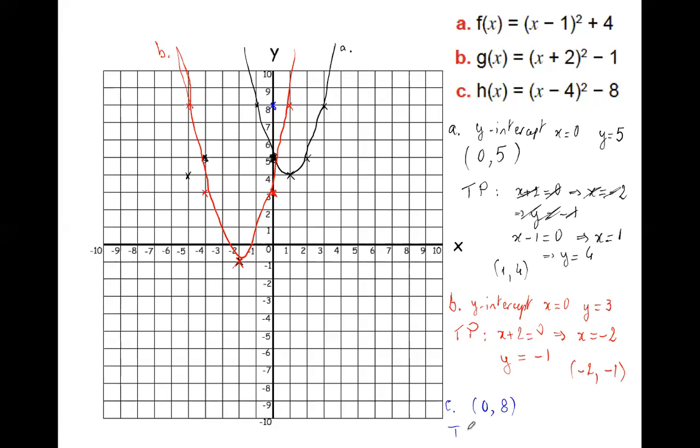Turning point, x equals 4, negative 8 for y. So when I've got 4, I'm at negative 8, which is here. So I've got 4 here. I need to get 4 here. Okay.